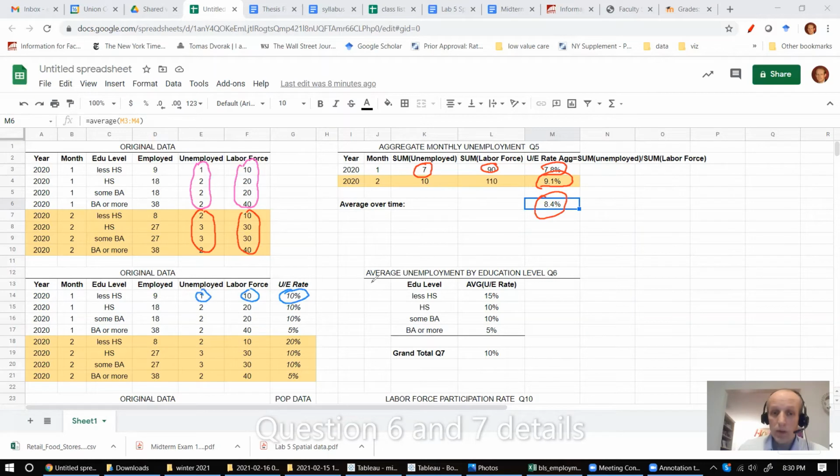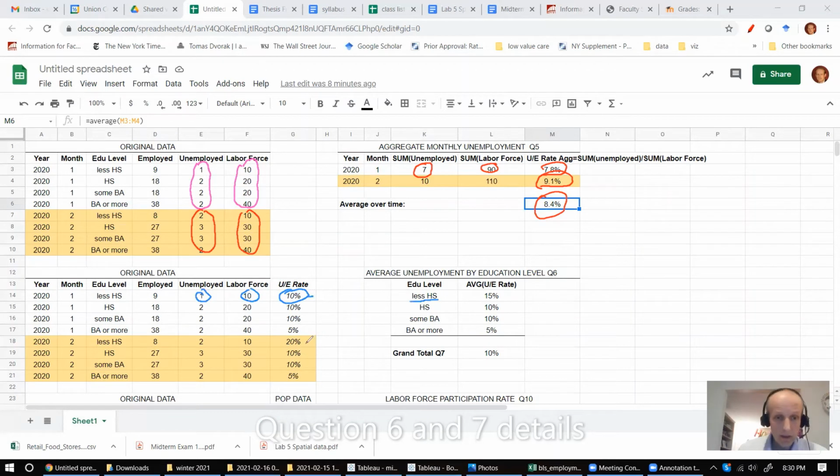Then, if I want to know what is the average unemployment rate for each education level, I need to take the unemployment rate for, let's say, less than high school education level in each of the months that we have in our data. In this case, in the simplified version, only 2 months. So that's 10.